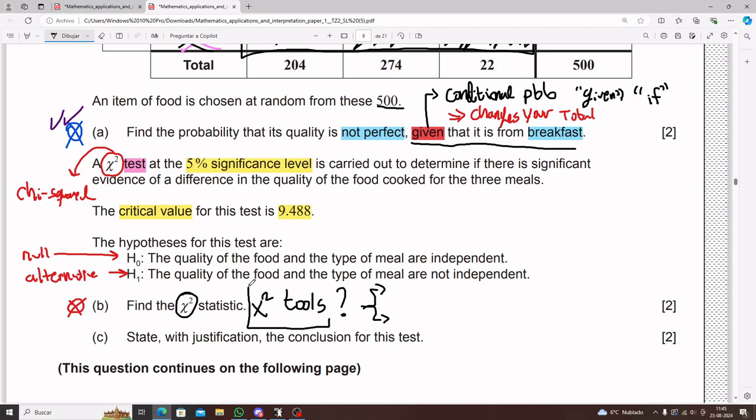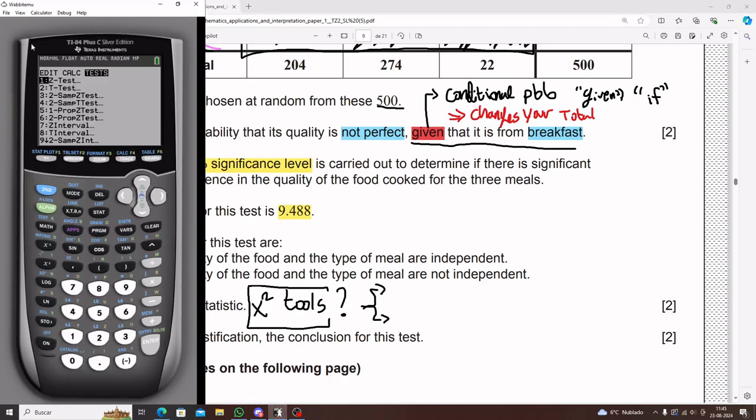So notice, I'm not saying that you read this exercise and you know immediately what to do, but you should be able to read this exercise, look at the word test, which is a big buzzword here, and say, ah yeah, so I'm testing something. I know there's a testing area somewhere in my calculator, find it, and look for your chi-squared. I assure you, you're going to find a bunch of stuff that you don't need, probably have never used, and maybe never will use, but eventually you're going to find these two chi-squareds.